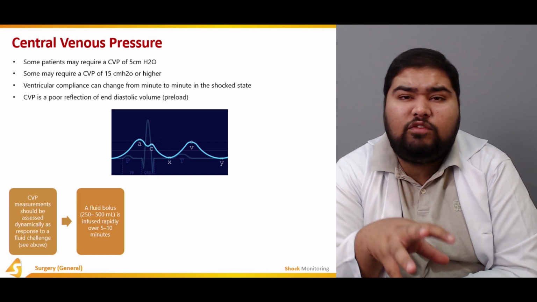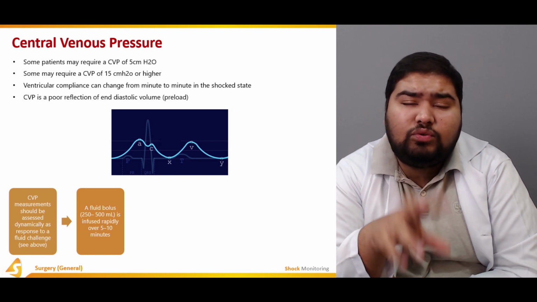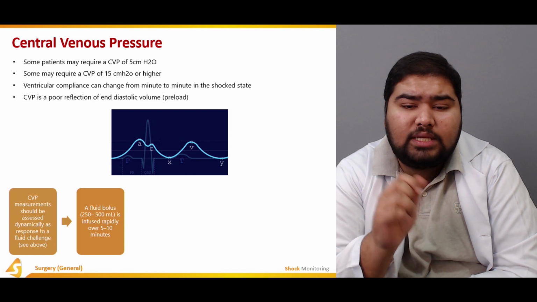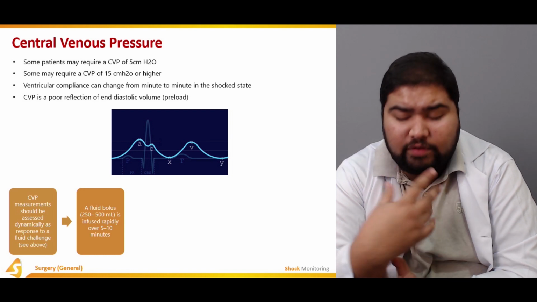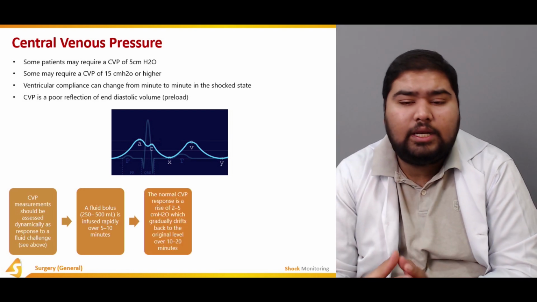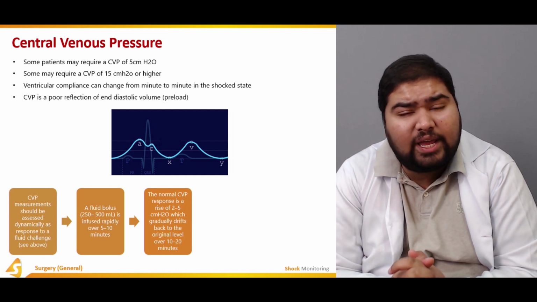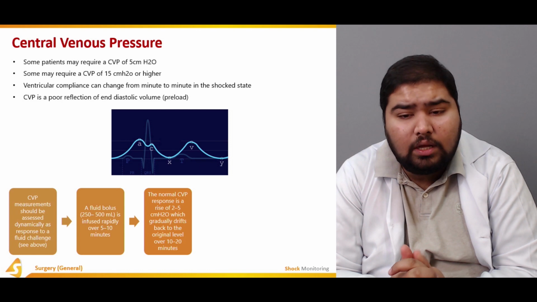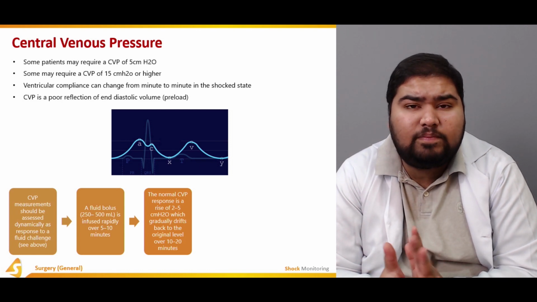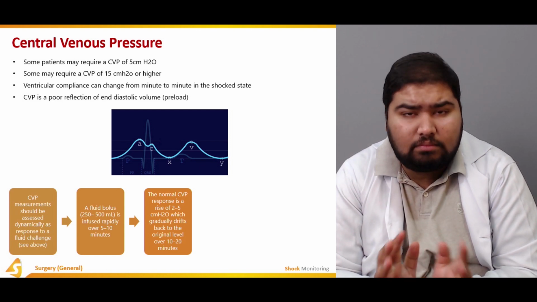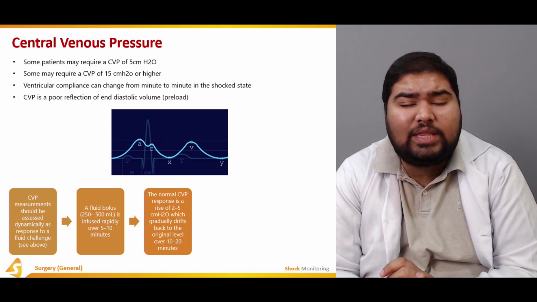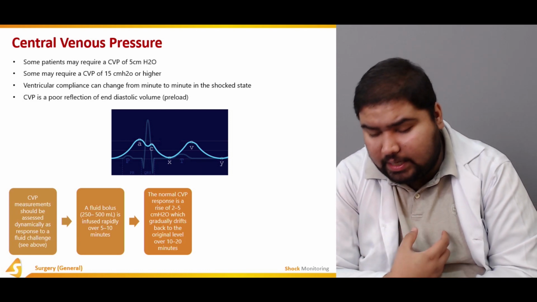Now, what is the fluid challenge? A fluid bolus of 200 to 500 ml is infused rapidly over 5 to 10 minutes. Now, the normal CVP response is a rise of 2 to 5 centimeter of water, which gradually drifts back to the original baseline state within 10 to 20 minutes.